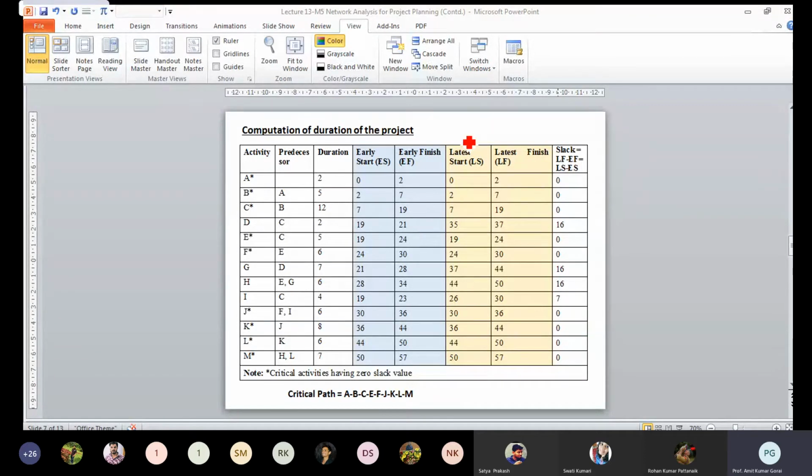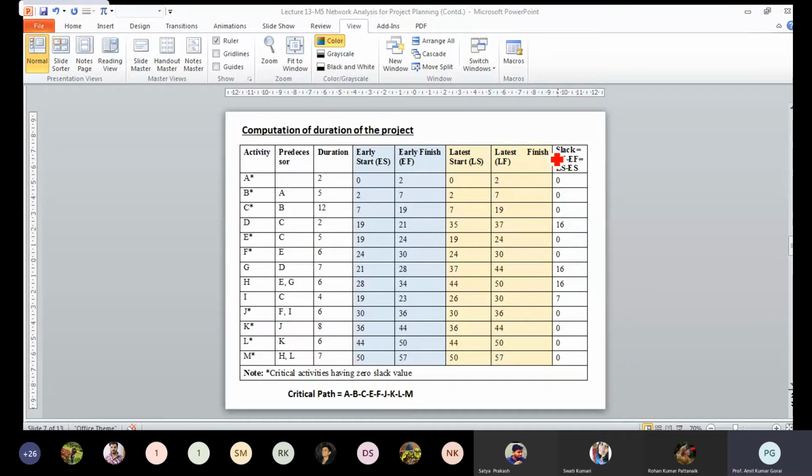Then the late start will be 19 minus the completion time 12, so 7. If there is only one activity there is no problem; you can directly put the late finish of the following activity as the late finish of the predecessor. But if there are multiple tasks following, you have to take the minimum one.